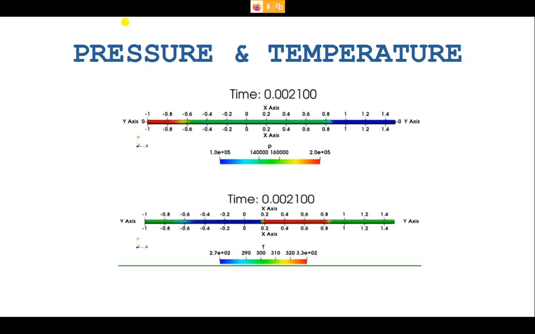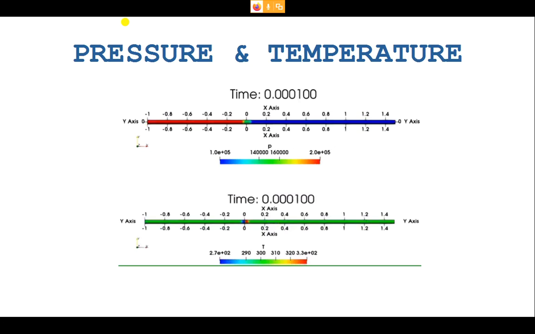When we run the simulation, that is the iterations, it starts solving, and the molecules from the left start moving towards the right. That is where you find the pressure on the right side in that particular zone is increasing, and the left zone is decreasing. The pressure gets normalized once the shocks and expansion waves decay or move out. Similarly, you find the temperature effects on the bottom side.